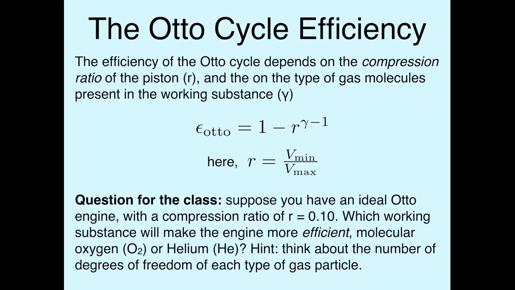So to answer this question, think about the number of degrees of freedom each type of gas particle has. This is not a super realistic question because these don't really make good fuels, but purely in terms of efficiency, which one gives a bigger value of E? That's what I want to know. Okay, so try to work this out, see what you come up with, and we'll go through it together.